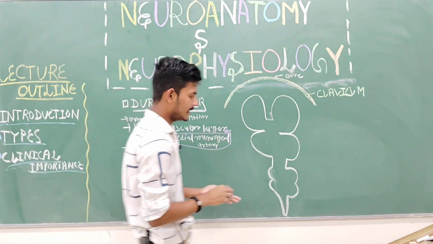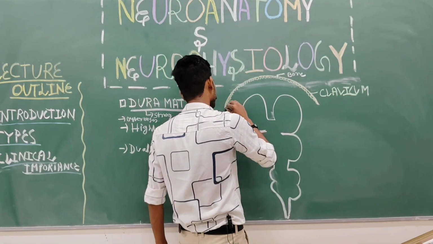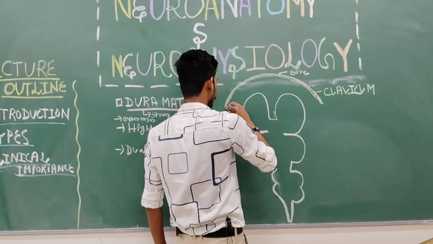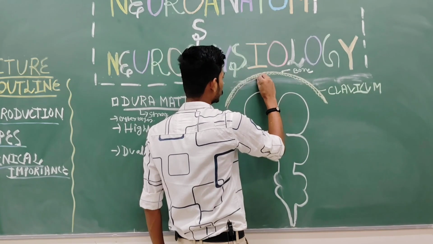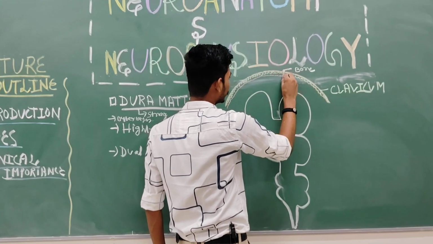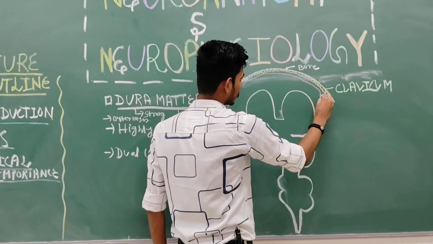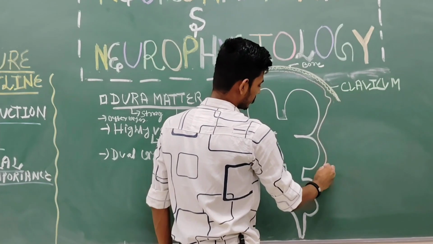Now, see their location, how they are situated. The first layer of the dura mater is completely attached with the clavicum.